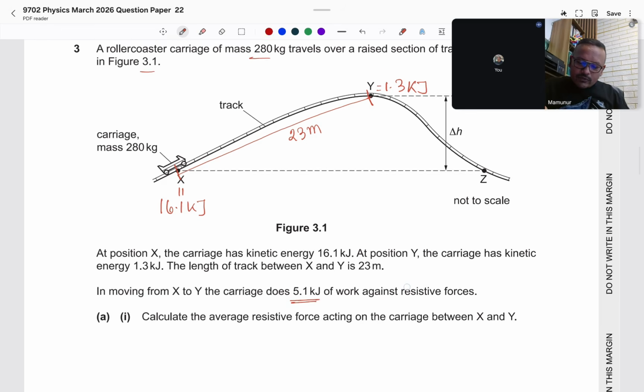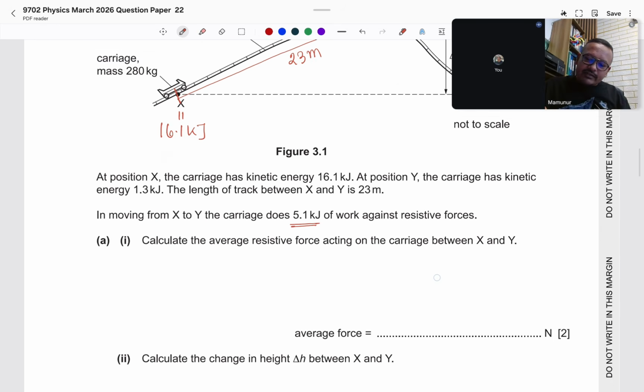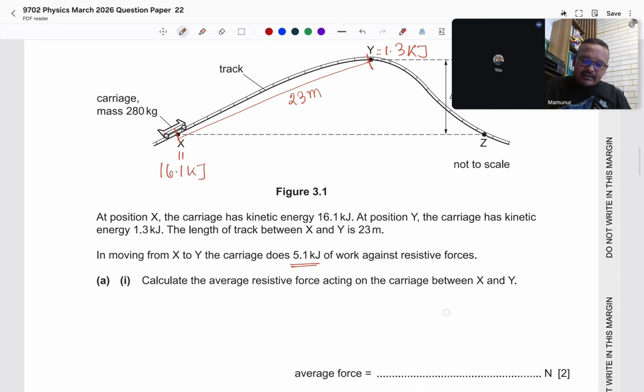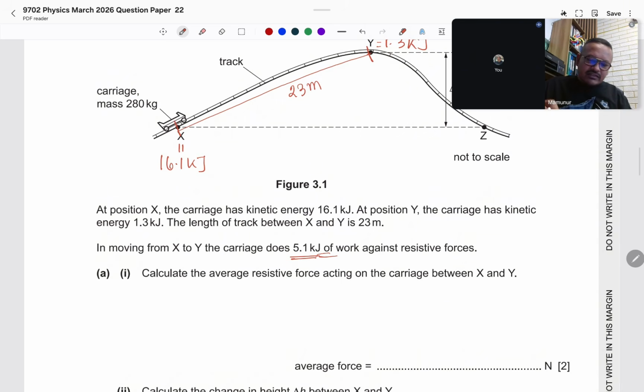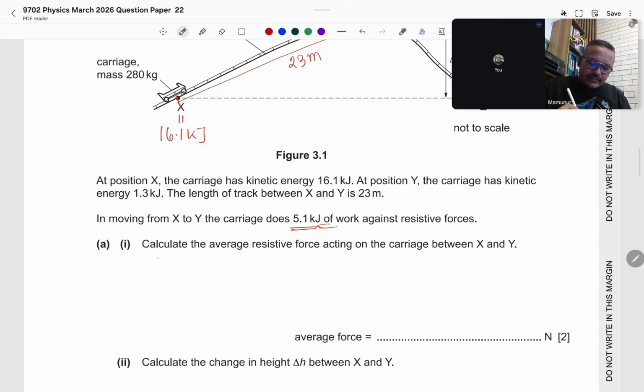Energy losses. Calculate the average resistive force acting on the carriage between X and Y. So work done is given. This is very simple. We know that W equals Fs. So F equals W divided by s. For resistive force, work is given 5.1 into 10 to the power 3 divided by distance moved, 23.